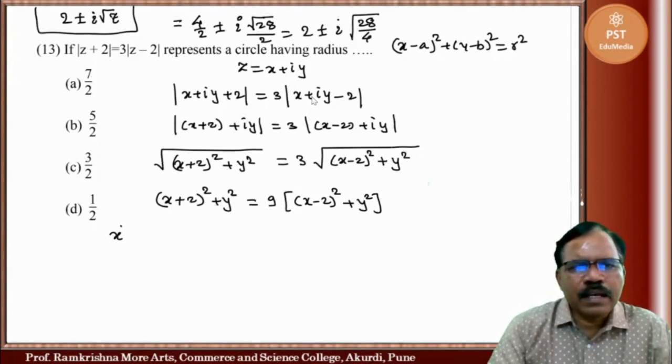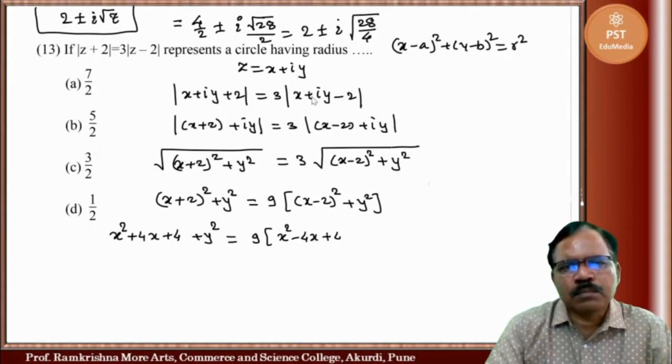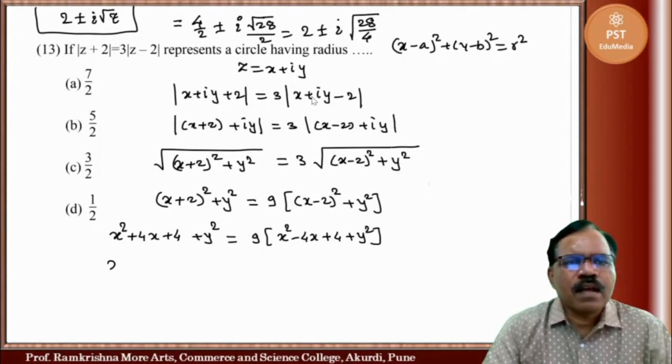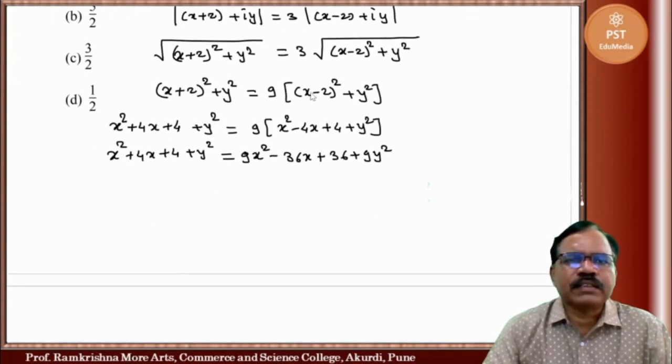So I can write here x square plus 4x plus 4 plus y square is equal to 9 in bracket x square minus 4x plus 4 plus y square. So we can write this as x square plus 4x plus 4 plus y square is equal to 9x square minus 36x plus 36 plus 9y square. So we'll simplify this.